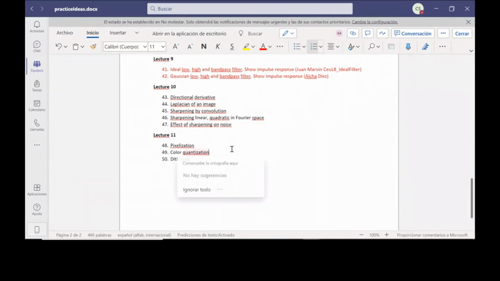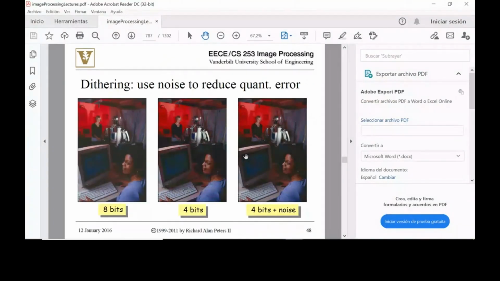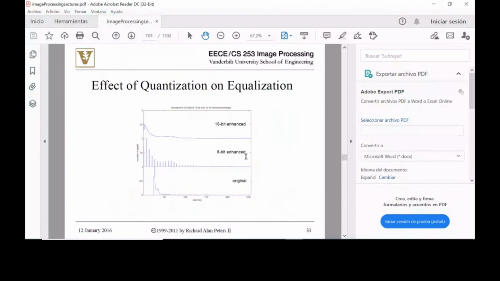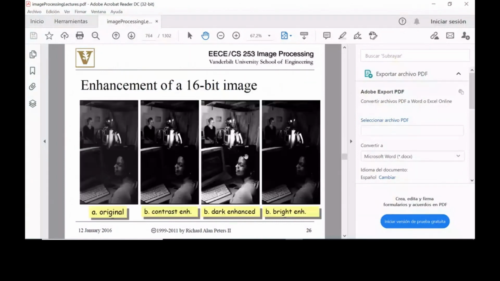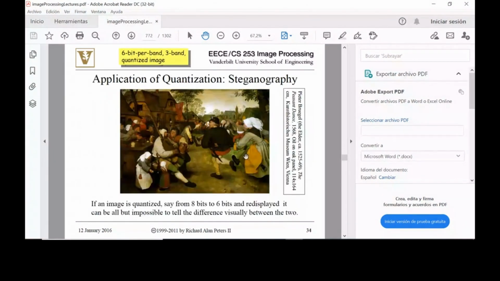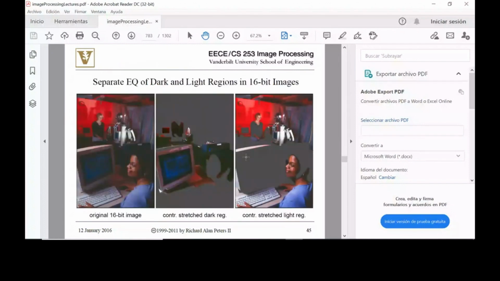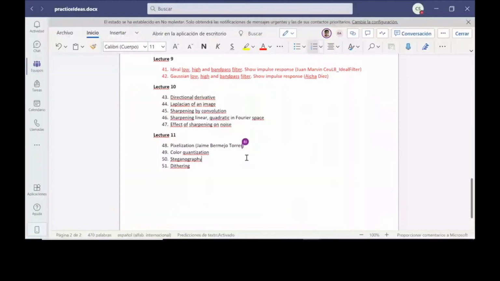We have Steganography. And what else do we have? Yeah, this. I think this is good.